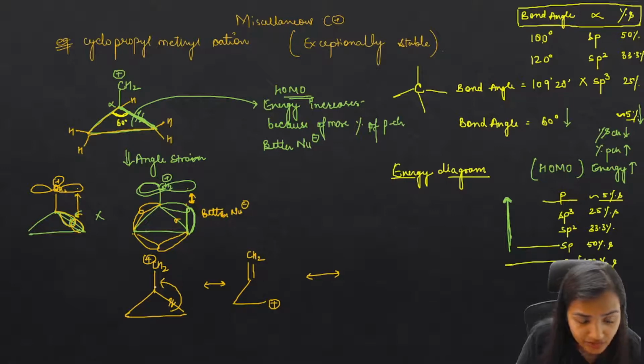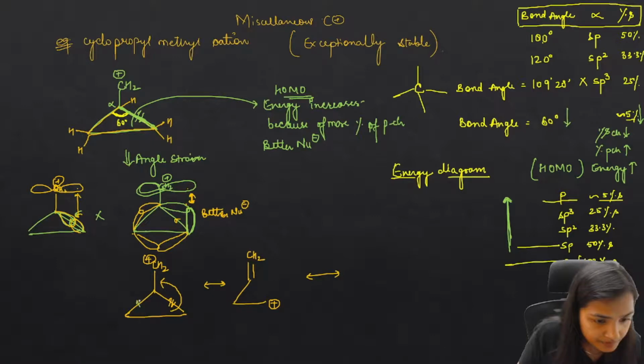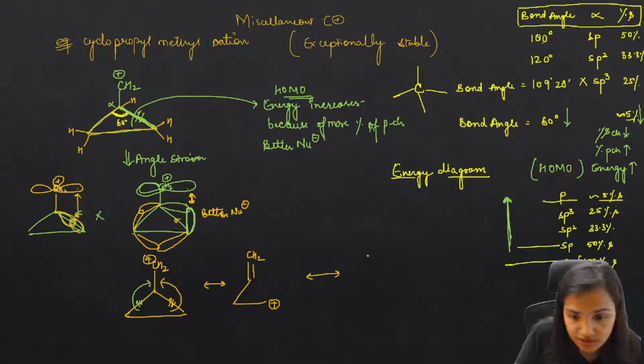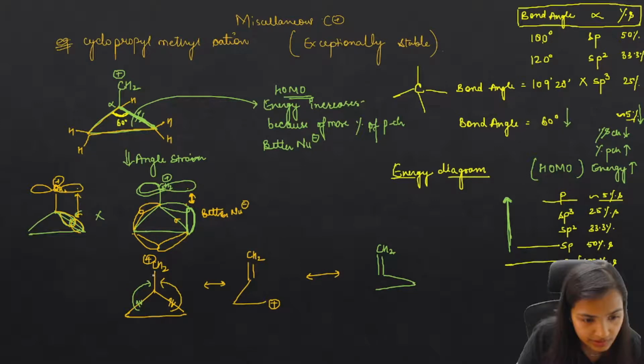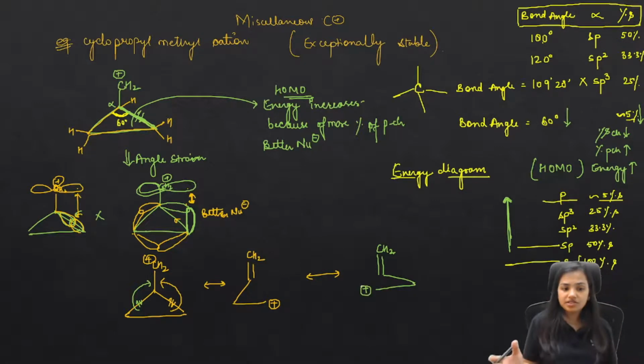We can break a bond from here, we can break a bond from here, right? So this could also become like CH2 C. This bond can go there, and ultimately here we will be getting a positive charge. So these could be the resonating structures.